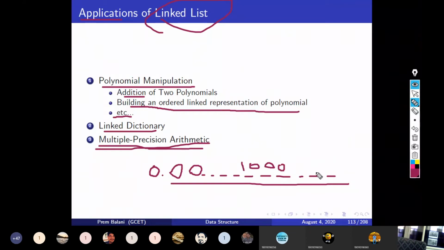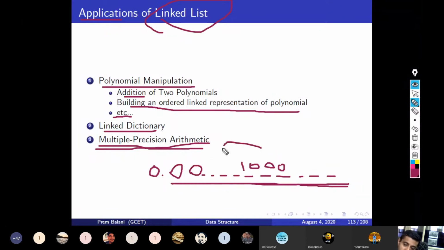And in the linked list, you can store this precision value by storing it in different nodes, right? So every 10 digits of the precision can be stored in one node.